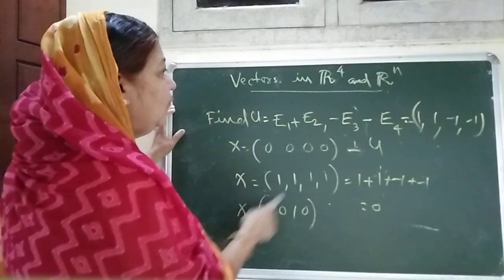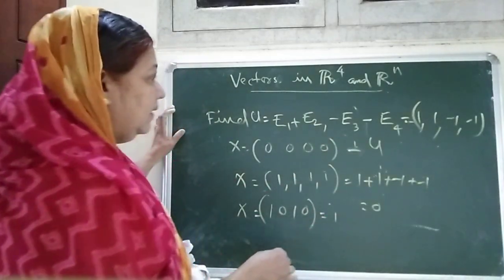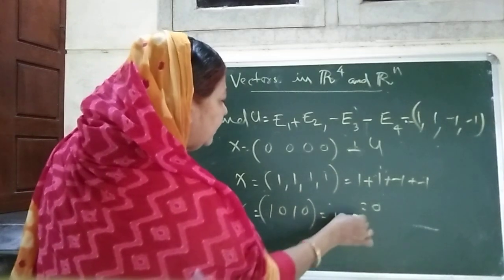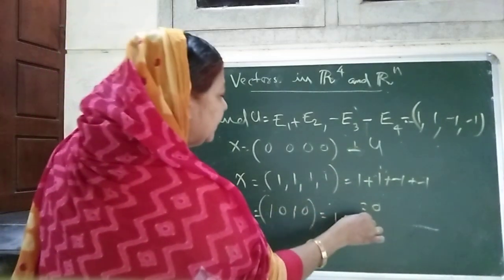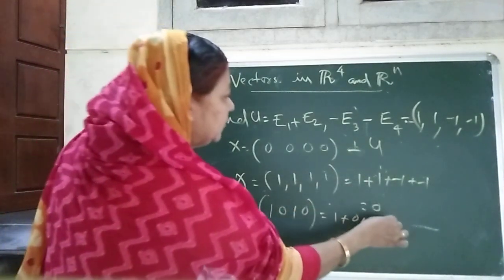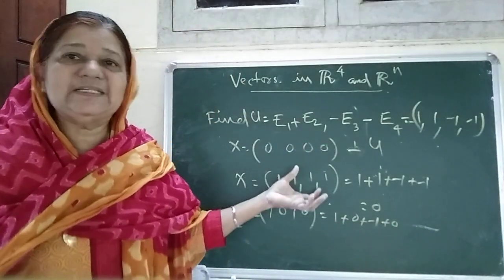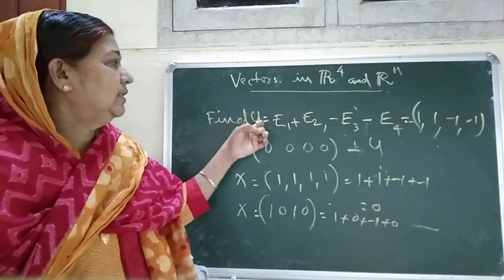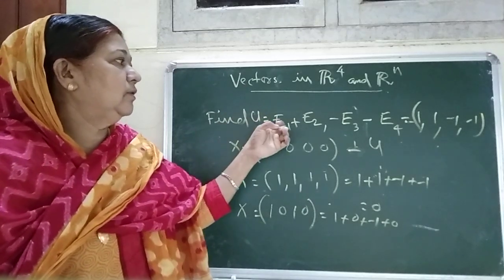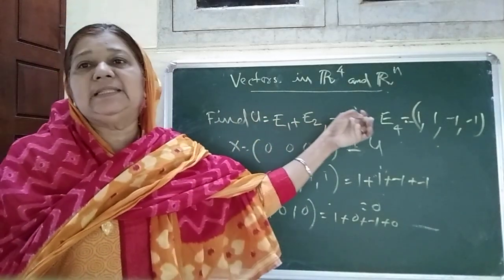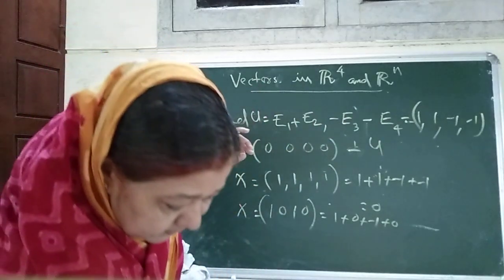Then we can see 1 into 1 plus 0 into 1 plus 1 into minus 1 plus 0 into minus 1. It is also 0. So many vectors are perpendicular to, orthogonal to u equal to E1 plus E2 minus E3 minus E4.